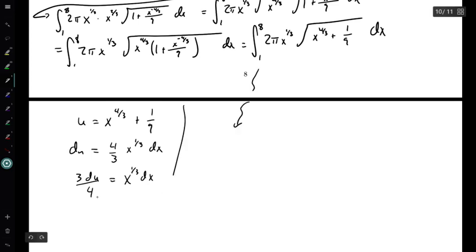So we should maybe think about changing my x values here. Actually, we'll do it now. x equals 1 corresponds to a u value of 1 plus 1/9, which is 10 out of 9.